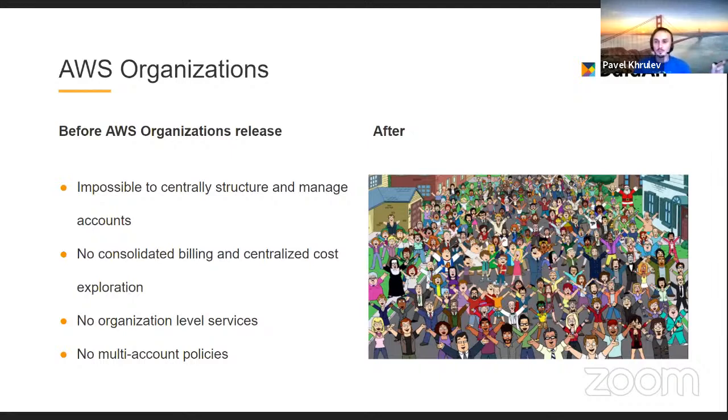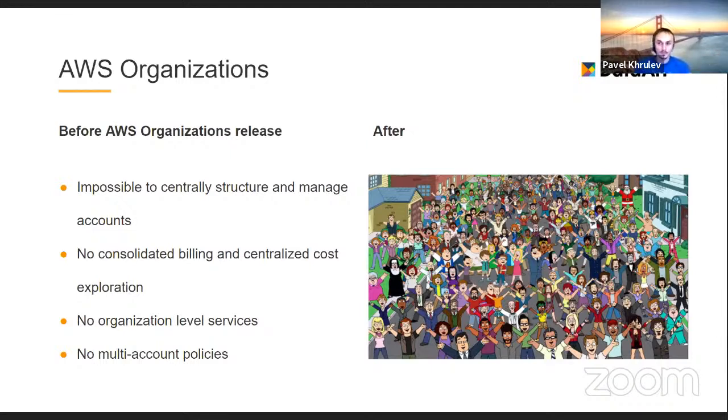That could mean that you probably managed these accounts in an Excel file, or just invented some tools to manage them. There were no organizational level services, no such tools that allowed you to apply some policies or apply some changes on several accounts at the same time.